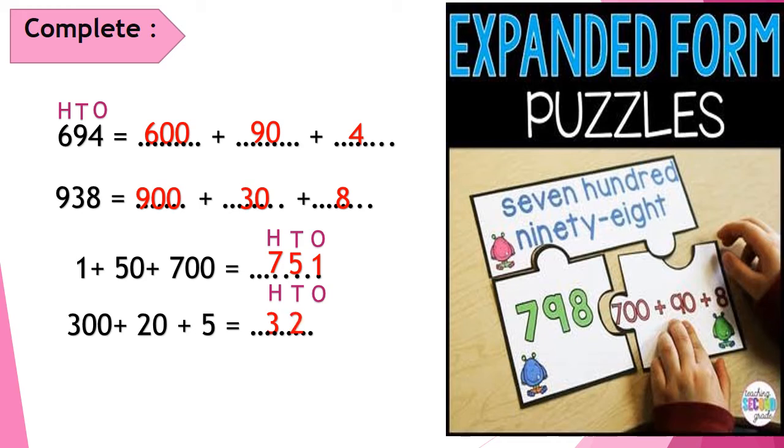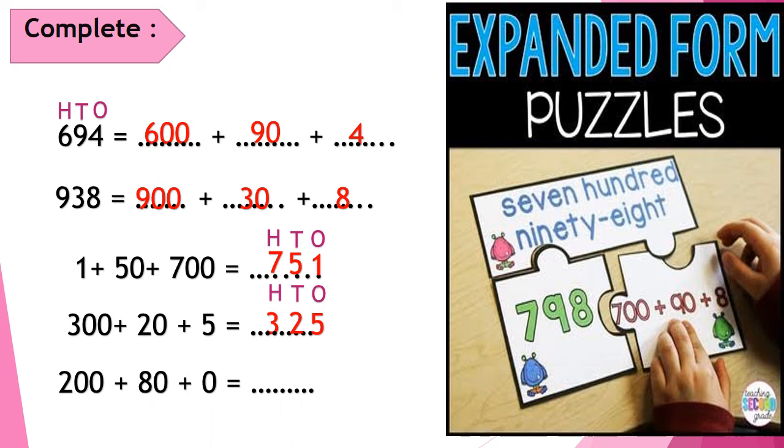Then I will put 2 in tens without any zeros. And 5. 5 doesn't have any zeros, so it belongs to ones. Then I will put 5 in ones. Then 300 plus 20 plus 5 equals 325.